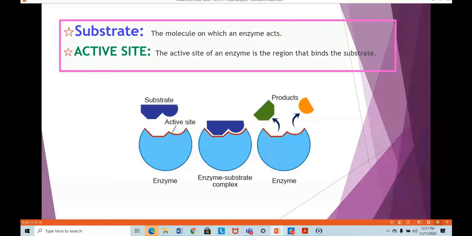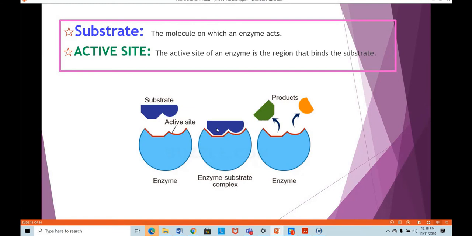All right. So as a particular key can open only a particular lock, this enzyme can work only on specific substrate molecules. This is how we explain the lock and key mechanism. So this substrate molecule has a particular shape which fits exactly into the enzyme like this. Can you see?